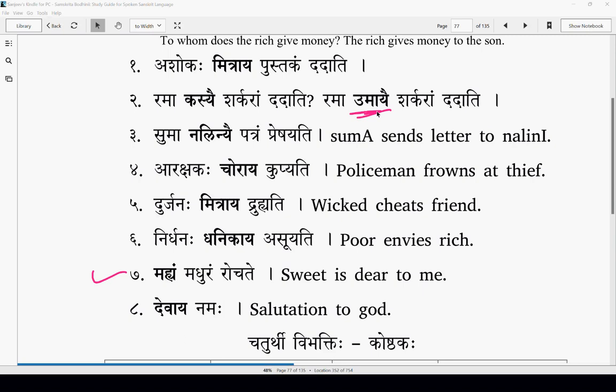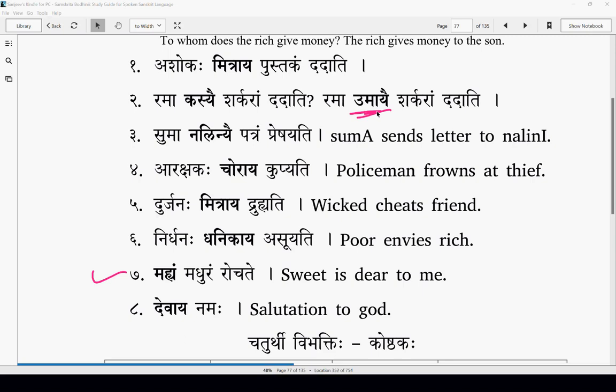In boy likes sweet, which is the subject word, which is the kriya pada in the English sentence, which is the subject, which is the object, which is the verb. Boy is the subject, likes is the verb, and sweet is the object. Right.